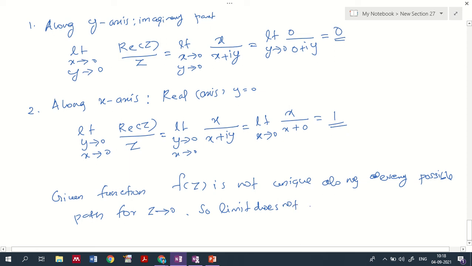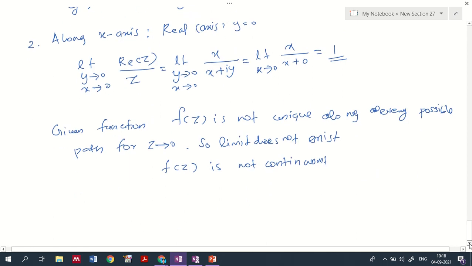If the limit does not exist, then we can directly say that f of z is not continuous, because this is one of the conditions to be satisfied for a function to be continuous: first the limit should exist, then we have to check whether f of z0 exists or not. So just by checking whether the limit exists, we came to the conclusion that f of z is not continuous in this case.